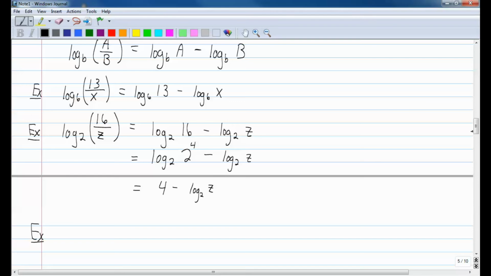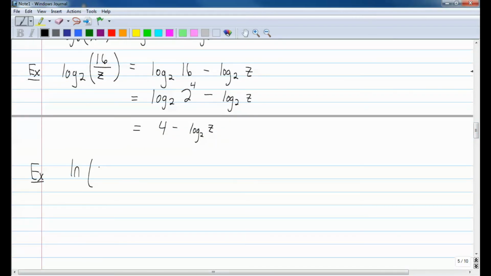Alright, what if I had the natural log of e to the 4th over 3? I could write that as the natural log of e to the 4th minus the natural log of 3.